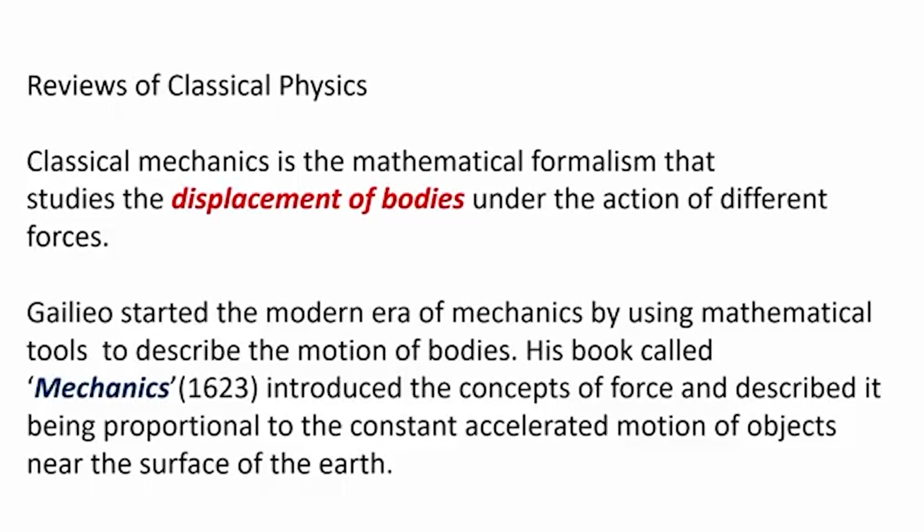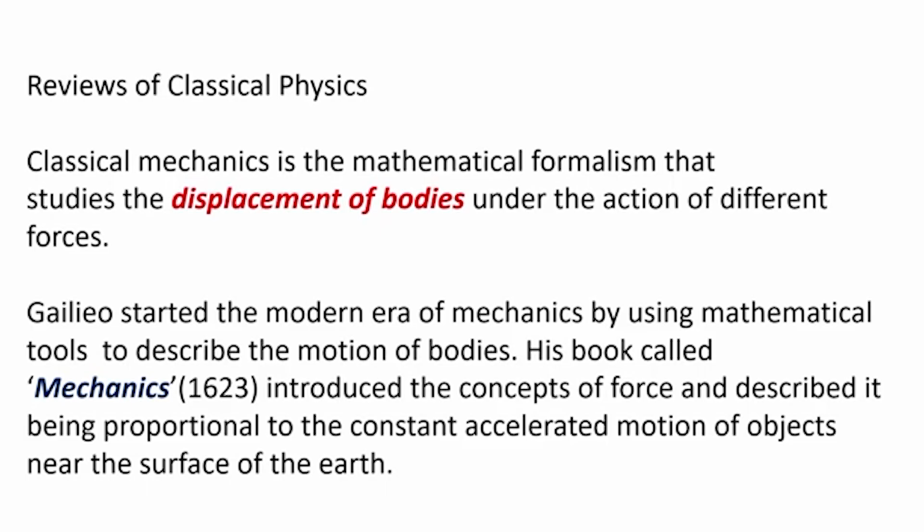So, we start with reviews of classical physics. Classical mechanics is a mathematical formalism that studies the motion of bodies or the displacement of bodies under the action of different forces. Galileo started the modern era of mechanics by using the mathematical tools for describing the motion of bodies.